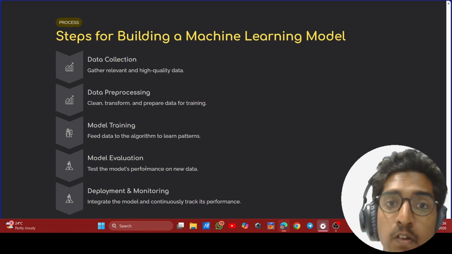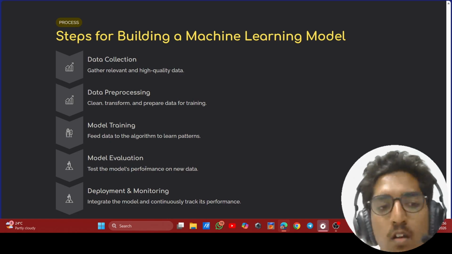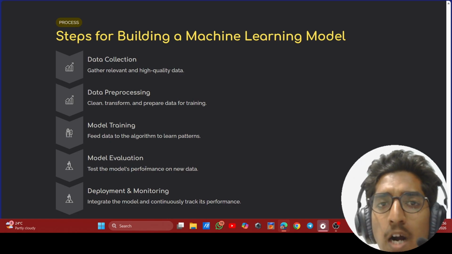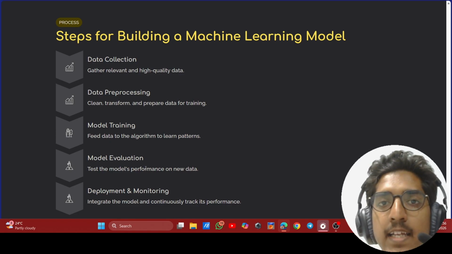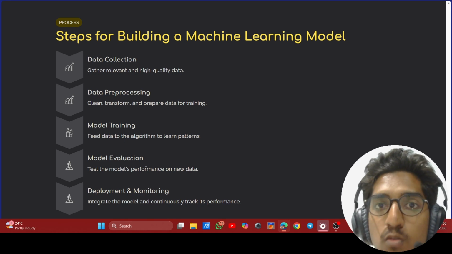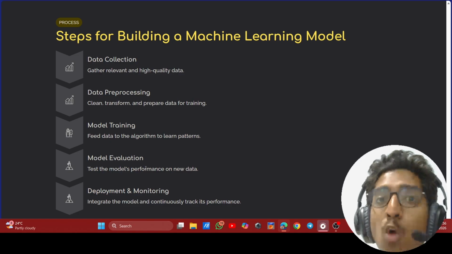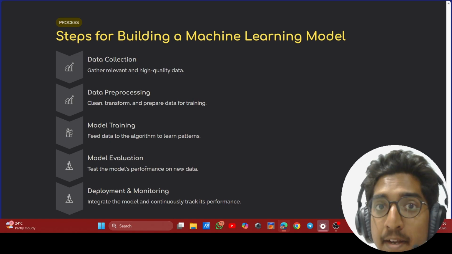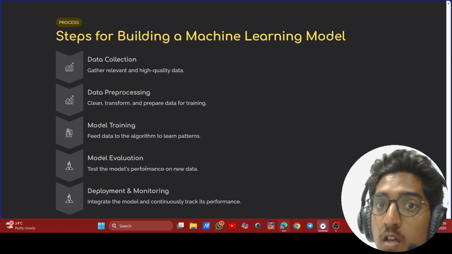Now the last step we move on to is deployment and monitoring. Deployment means releasing it in the real world for checking any feedback and for checking the working of the model when a real user uses it. After deploying, just monitor your model, how well it's working in the real market, whether any updates are needed, or whether there are any errors.